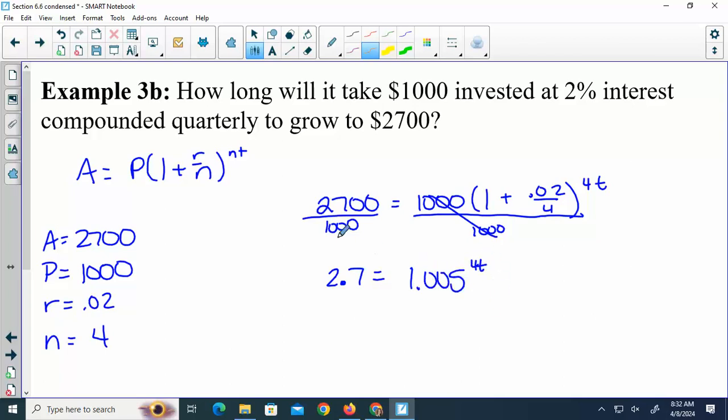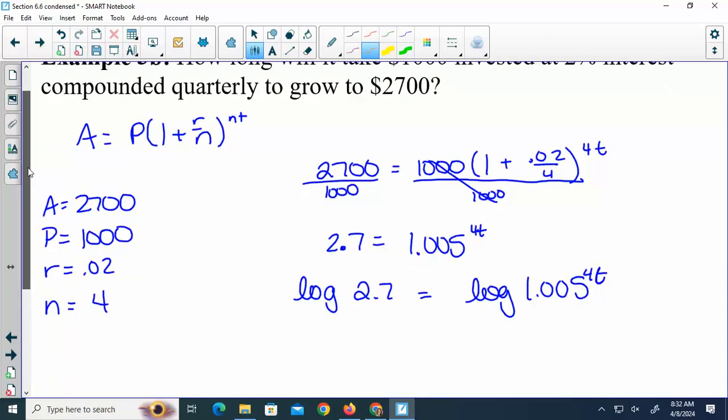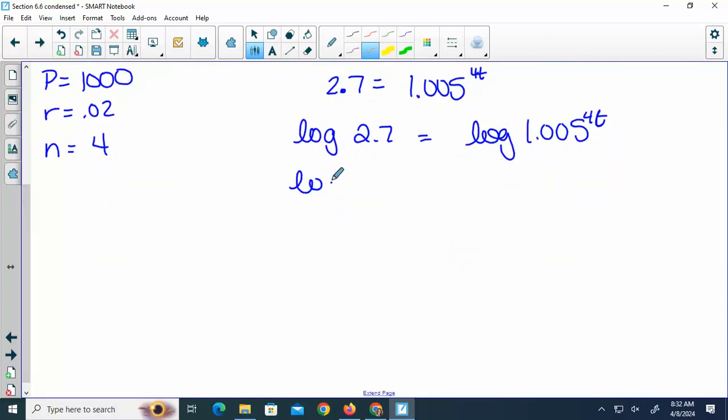What will we have to do at this point? Do I have an advantage, natural log or common log? No. So whatever you want. Okay. We add the logs because then the exponent comes down.